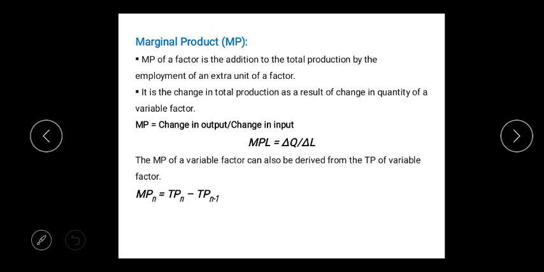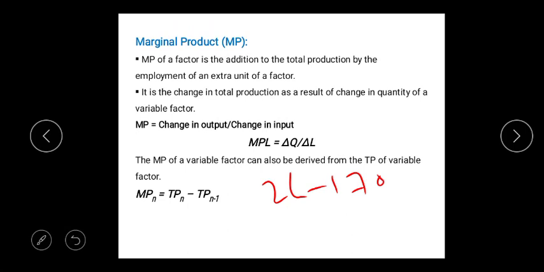Let us illustrate this with the help of an example. Students, suppose two workers are employed to produce rice on an agricultural farm and they produce 170 quintals of rice per year.